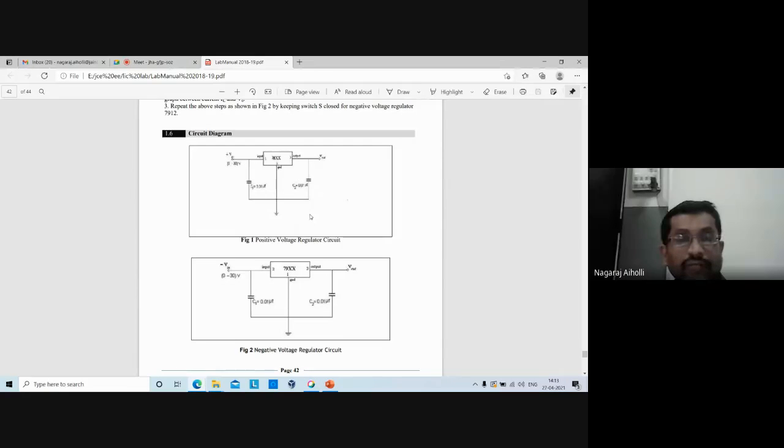For example, if it is a plus 5 volt regulator, above plus 5 volts the output remains constant. If it is a minus 5 volt regulator circuit, then beyond minus 5 volts the output voltage remains fixed at minus 5 volts. Hence we have two types of voltage regulators: one is the positive voltage regulator, and the other is the negative voltage regulator.